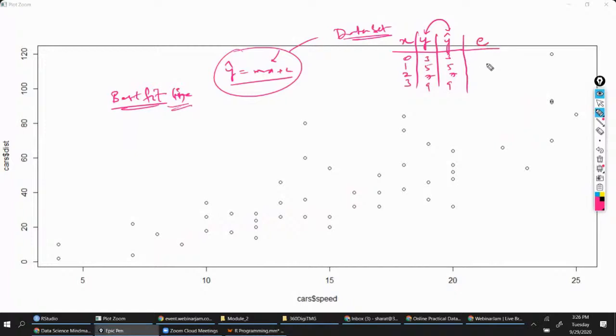That means there is no error in your prediction. You predicted it as your original value. So this error is nothing but the deviation in your prediction compared to the original data. And this error is 0, right?